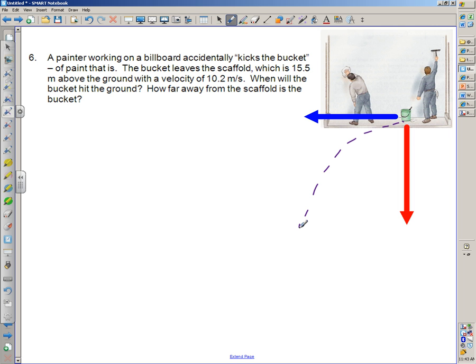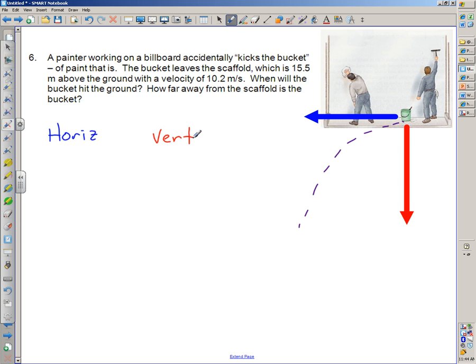If there are two dimensions in which this object is moving, we're going to have two sets of variables: one that takes care of the horizontal dimension, and one that takes care of the vertical dimension. Notice I've left a little space in between them, because there are things that are going to be similar between these two dimensions. So we make ourselves a table: a horizontal column, a vertical column.